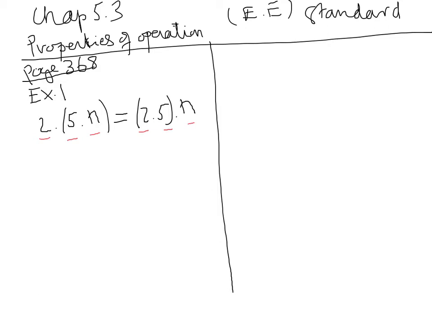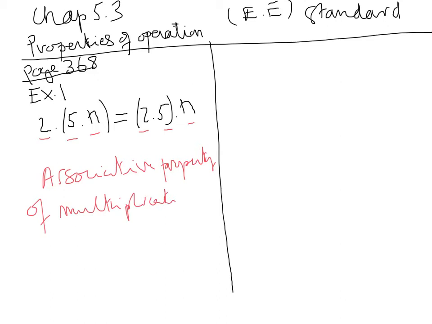So we can conclude that the property we use in this statement is the associative property of multiplication. That's what we use: same numbers, multiplication, and parentheses make it the associative property of multiplication.